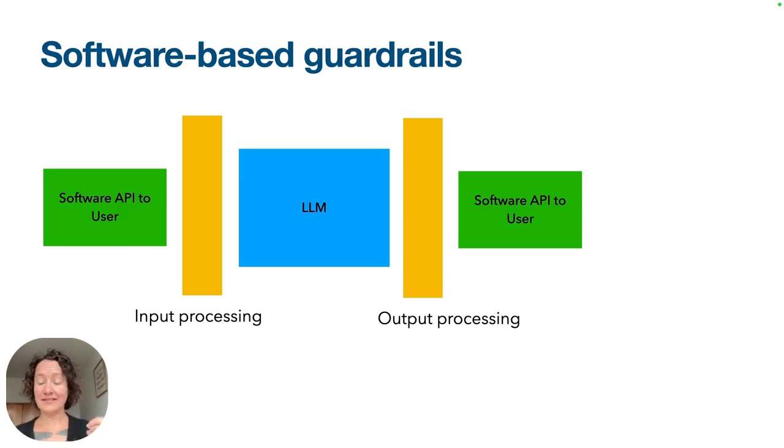Often these software-based approaches use basic ways in software, we can either do exact match or near match prediction. What this might mean is something like a particular Bloom filter style approach or other advanced memory architecture where we can say, here are the things we definitely don't want going into the LLM or other model, and here are the things we definitely don't want going out of the LLM to the user.